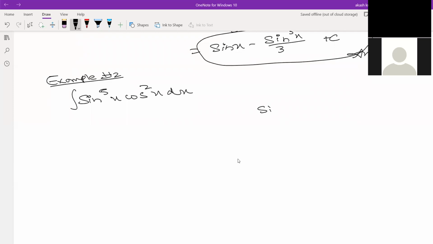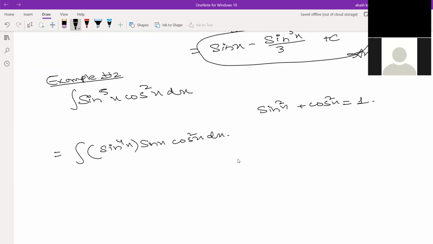Okay, we know that sine square x plus cos square x is equal to 1. So can I write my identities in this form? Sine 4x and sine x cos square x dx.